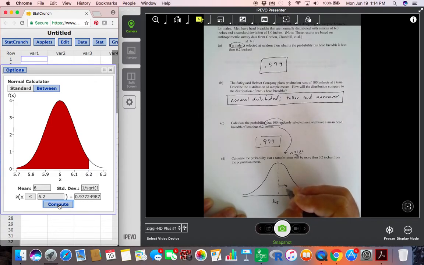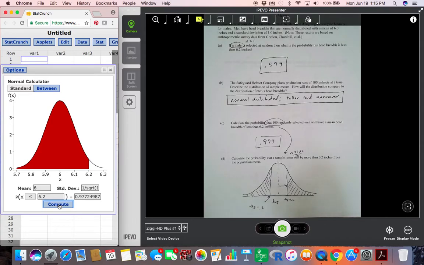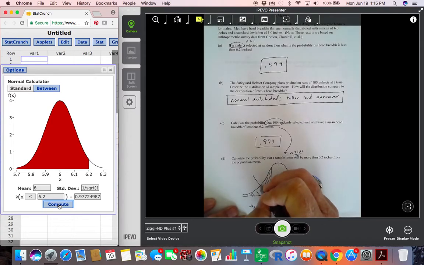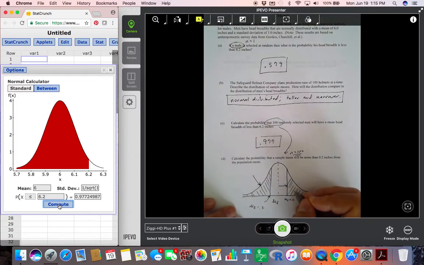Well, we could go up to mu sub x bar plus 0.2 inches, and we could go to mu sub x bar minus 0.2 inches. But because of symmetry, if we find one of these areas and then just multiply it by 2, we get our answer.